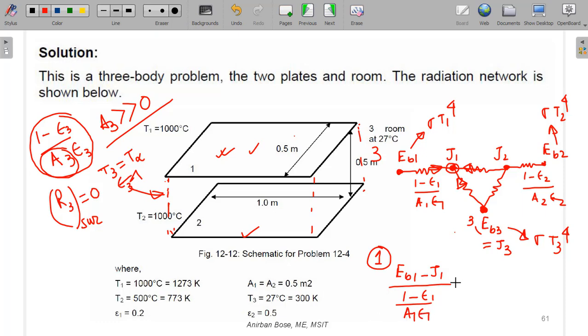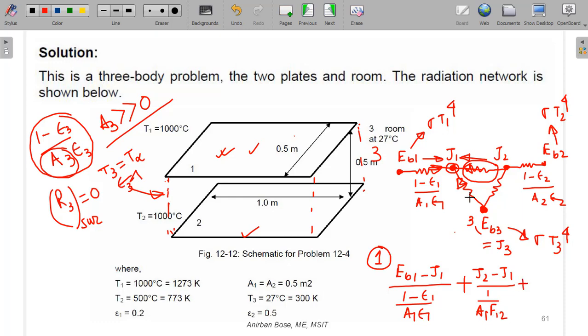Similarly, if you add to that, considering this direction, it will be J2 minus J1 divided by the space resistance between J1 and J2, which is 1 by A1 F12, or you can write A2 F21, both are the same.